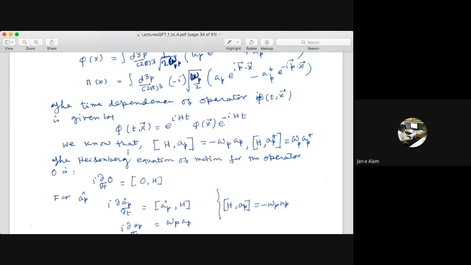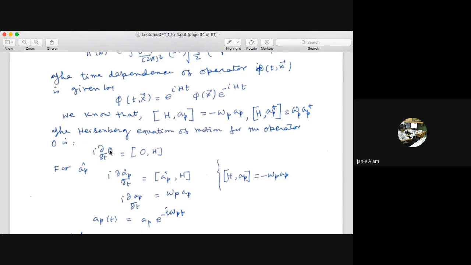This you know, right? Now you also know the Heisenberg equation of motion for the operator O is i dO/dt equal to the commutator of O with H. If I put A_p here in the Heisenberg equation, then my equation becomes i dA_p/dt equal to the commutator of A_p with H. Now I know that the commutator of H with A_p is equal to minus omega_p A_p.